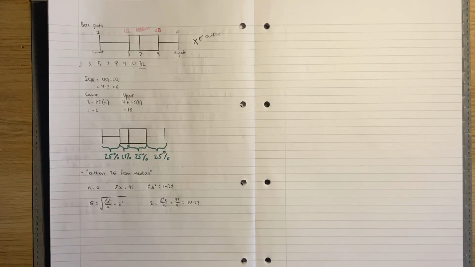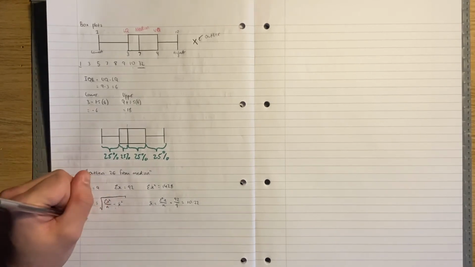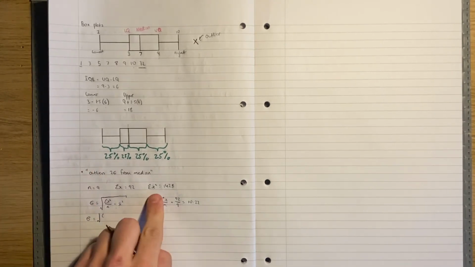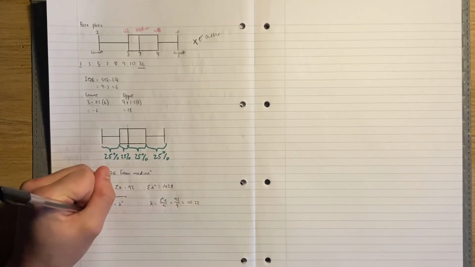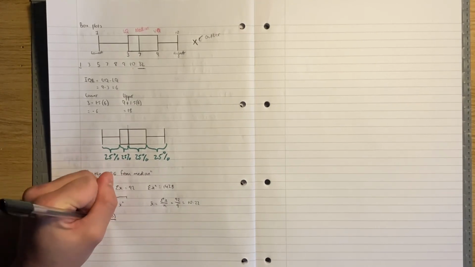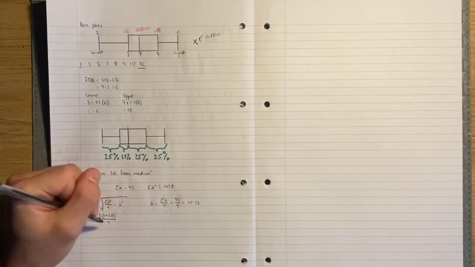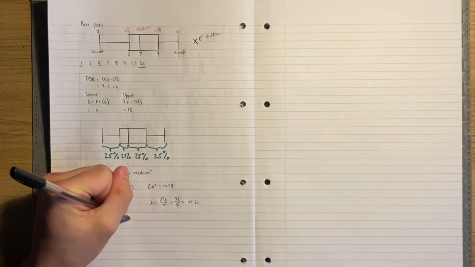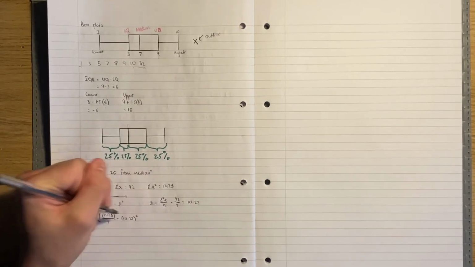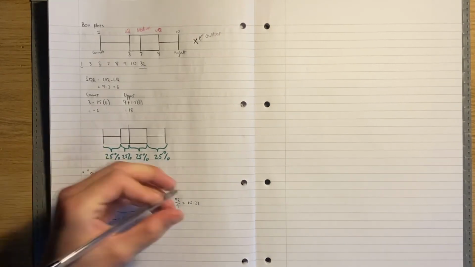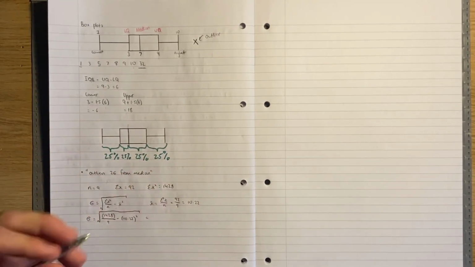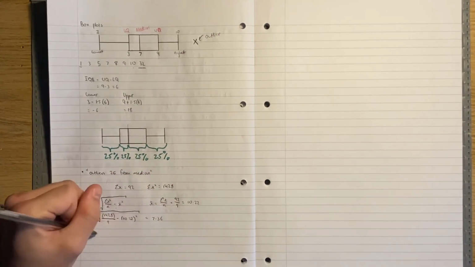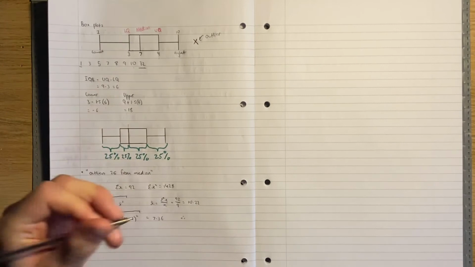But anyways, now that we've got all of our values that we need, we can write sigma, standard deviation, is equal to the square root of sigma x squared, which is 1428, divided by n, which is 9, take away x bar, which is 10.22, and square that. And if you put this into a calculator, we're going to get approximately 7.36.